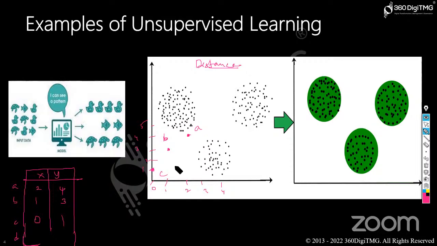How do we identify that? By looking at this data, we may not be able to interpret a lot of things. For example, I'll add another value, 3, 3, which is somewhere here. So you can see a lot of data points scattered in this X and Y plane.